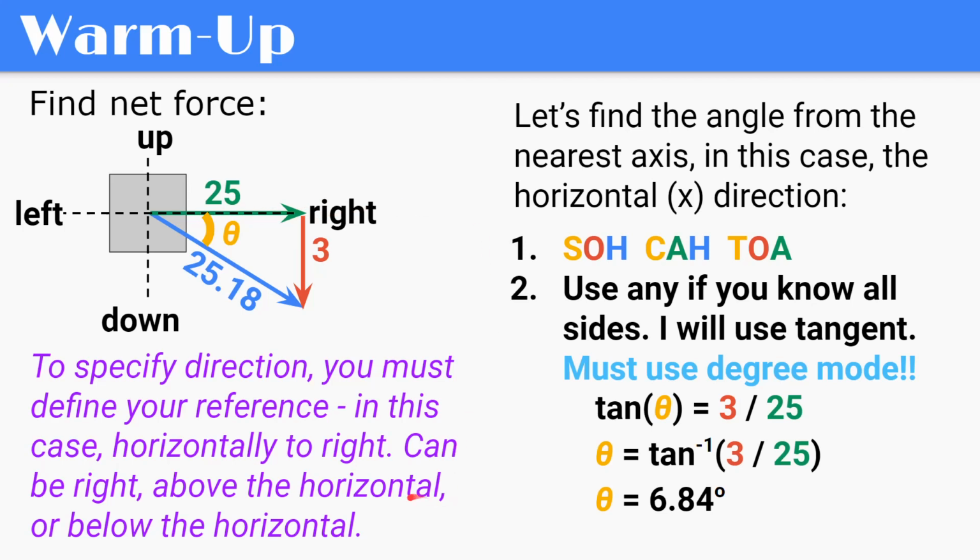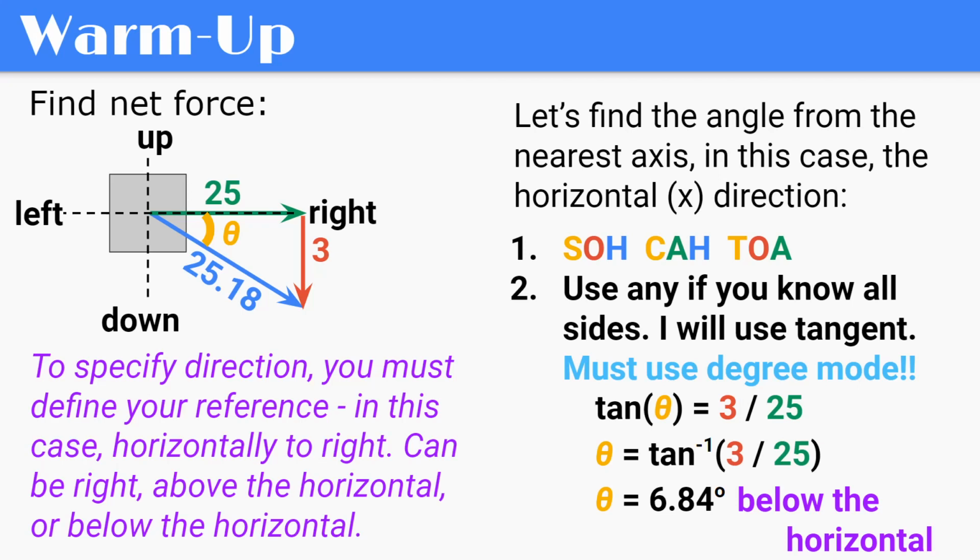I could say that it is straight to the right, which it's not. I could say that it's above the horizontal, which it's not, or below. I'm obviously below the horizontal axis here, and so when I give my answer, it's not just 6.84 degrees, but 6.84 degrees below the horizontal, so that I know that it's downward instead of upward.